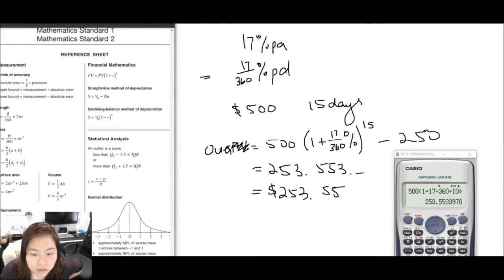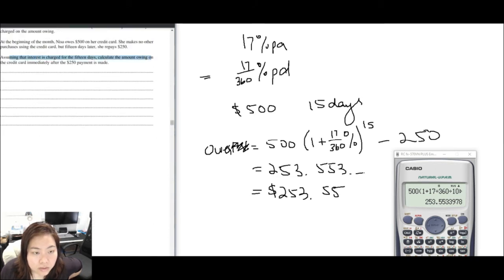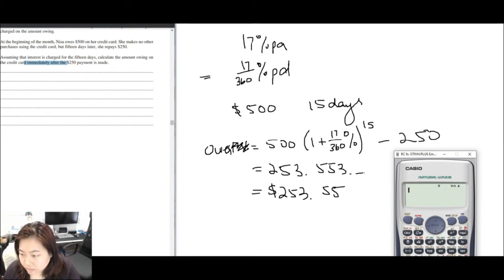Wait, does the question say? Let me try again. It is 17 divided by 360 divided by 100 plus 1 to the power of 15 times 500 minus 250. I don't know why it's 50 cents when it's clearly 55 cents.